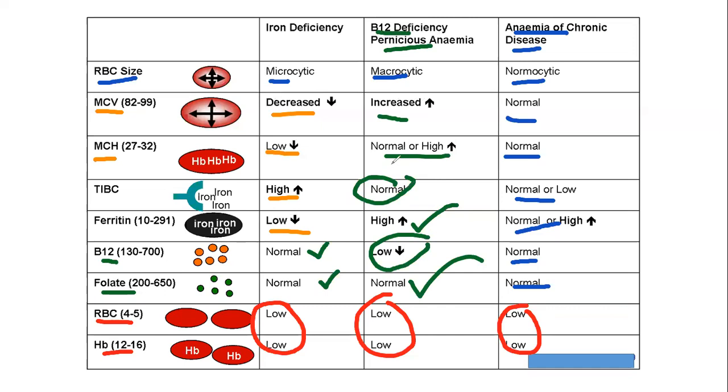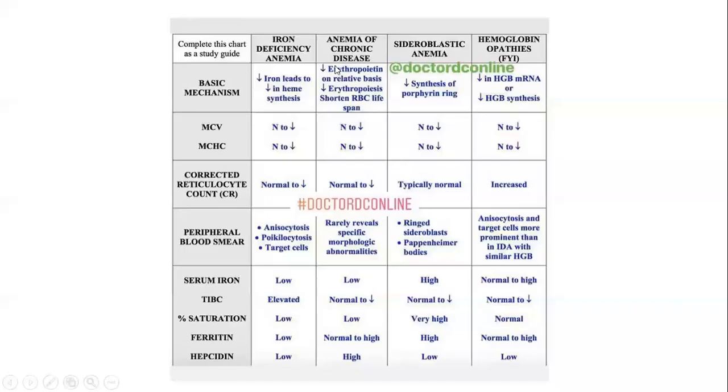So here are a few compare and contrast points between iron deficiency, B12 deficiency or pernicious anemia, and anemia of the chronic disease. In this table, we can complete this chart as a study guide.